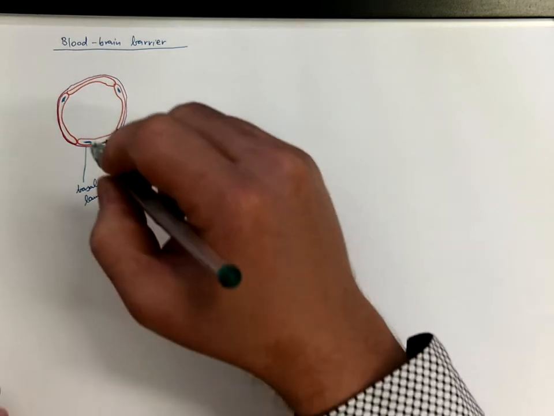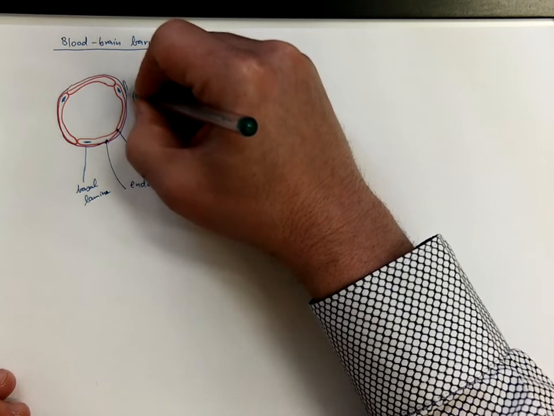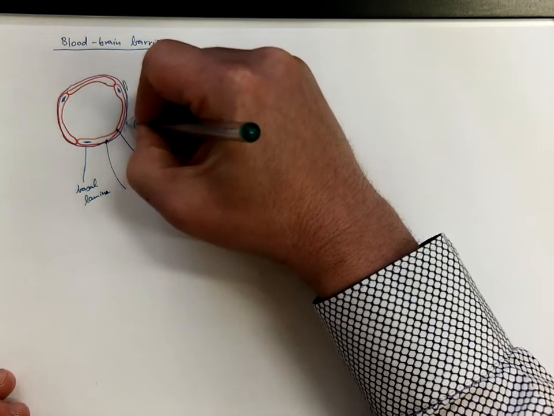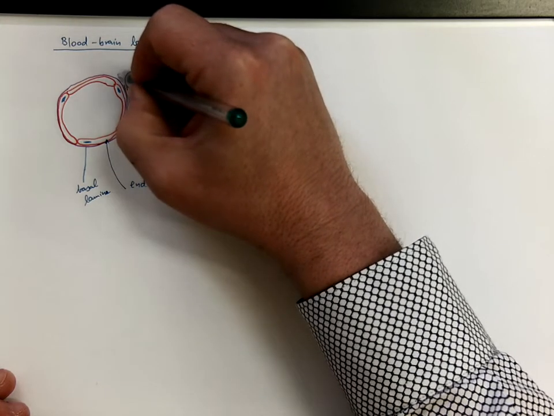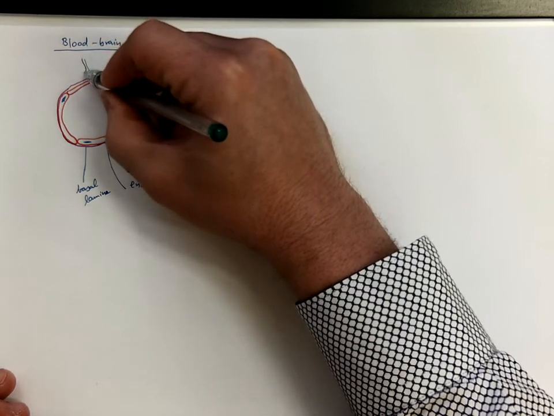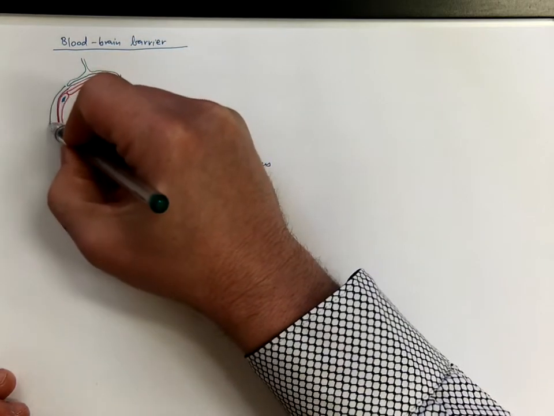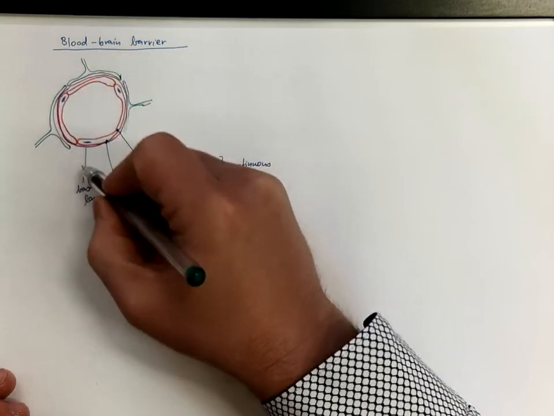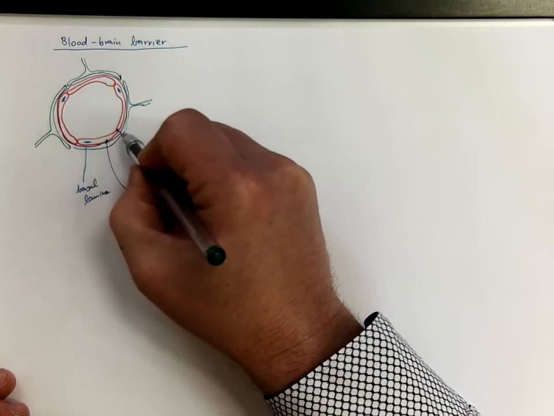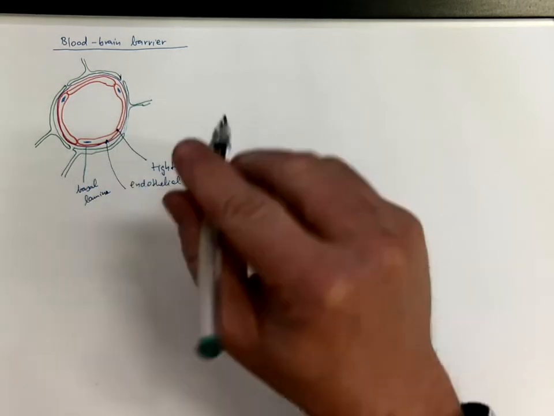Moreover, there's another layer formed by the end feet of the astrocytes, called pedicles. So the glial cells called astrocytes are sending processes that are embracing the surface of the brain capillaries.